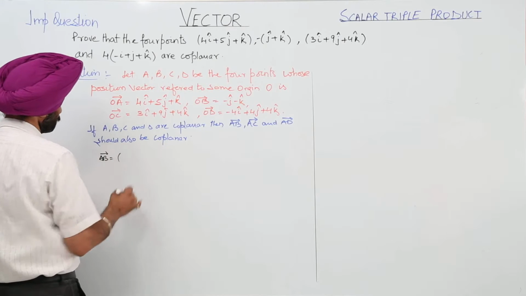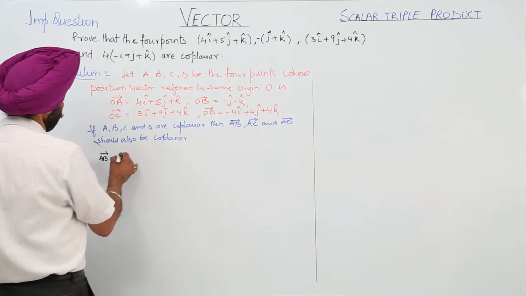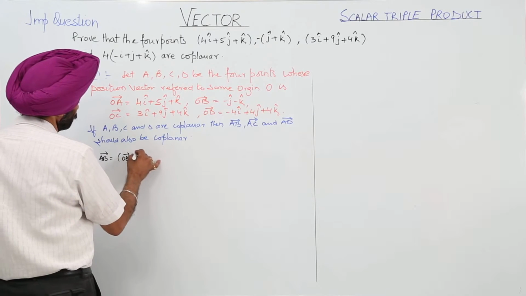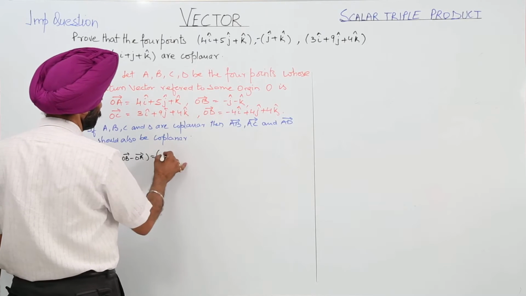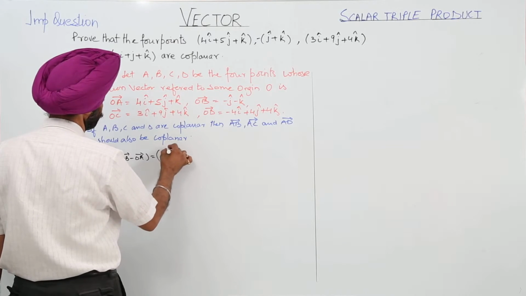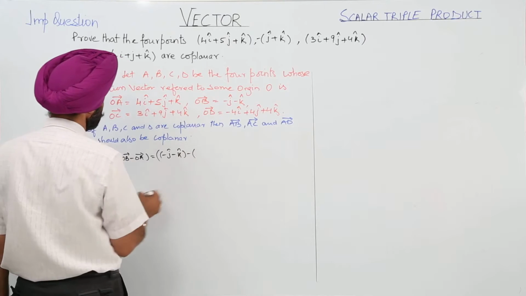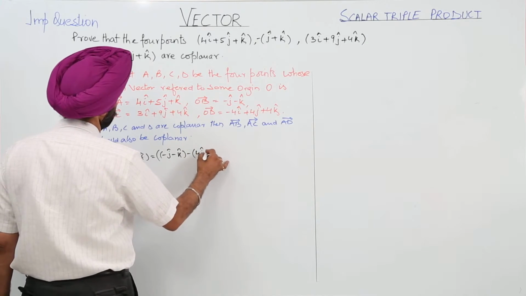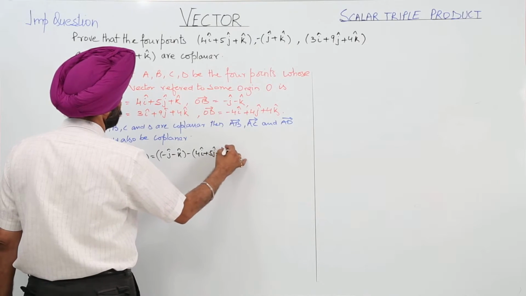vector AB is equal to position vector of B minus position vector of A. So it is vector OB minus vector OA. Now this is equal to OB, minus j cap minus k cap, minus vector OA, 4 i cap plus 5 j cap plus k cap.